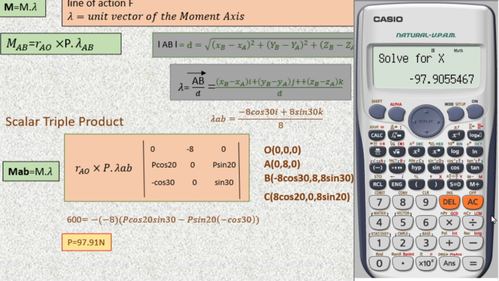So it should solve. Here, our value is 97.91 Newton. So this is for our problem 2.94.